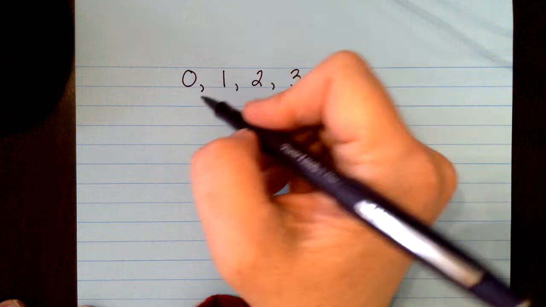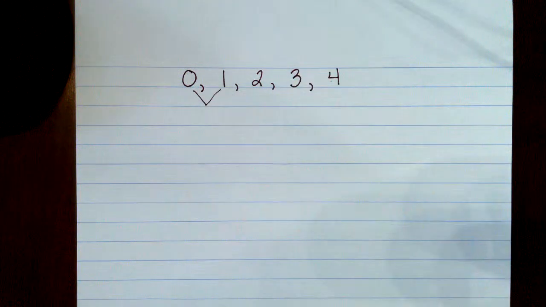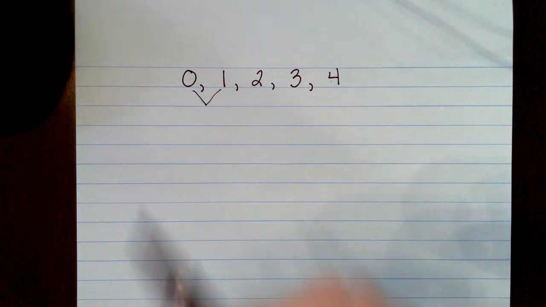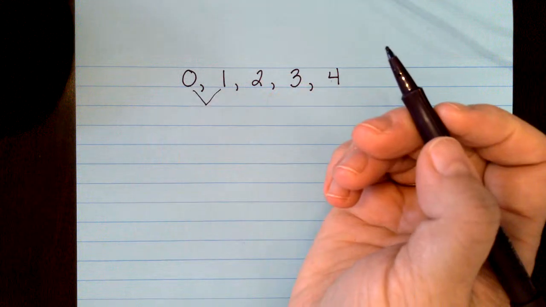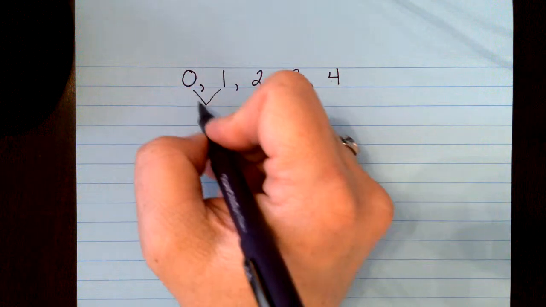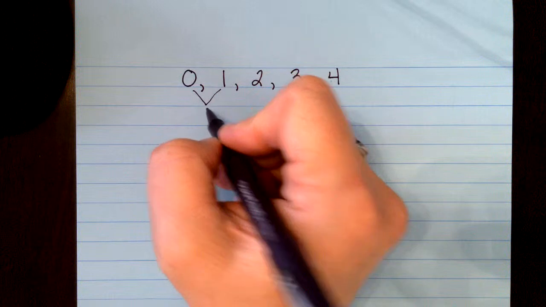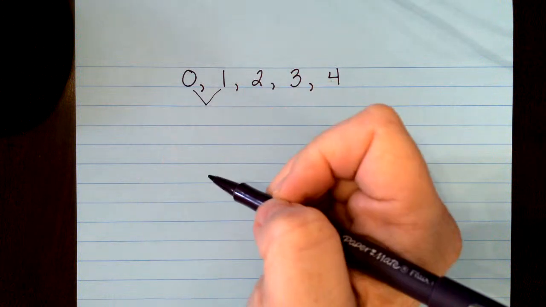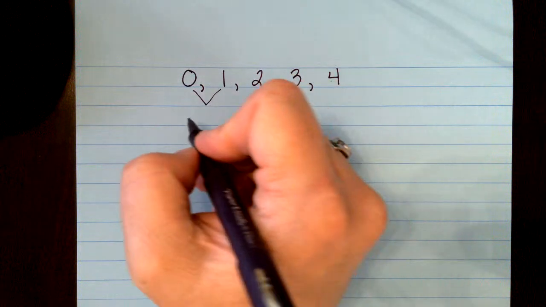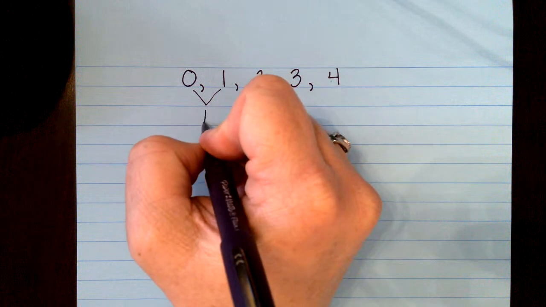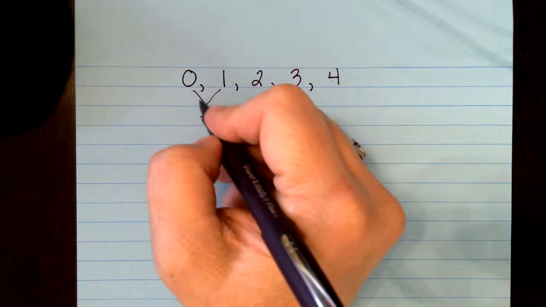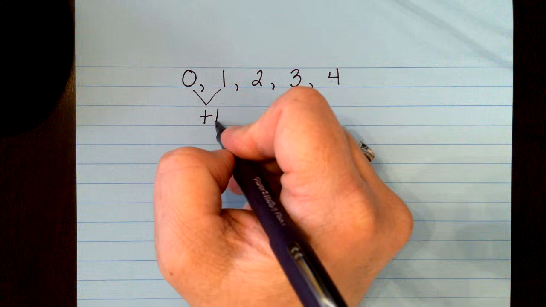I know that going from 0 to 1, there is no way that this can be a multiplication pattern because anything times 0 is going to be 0. So there's no multiplication pattern, but it is increasing when we go from 0 to 1. So I know that it is going to be addition or multiplication. I'm going to go with addition since we can't multiply, and we are increasing by 1.